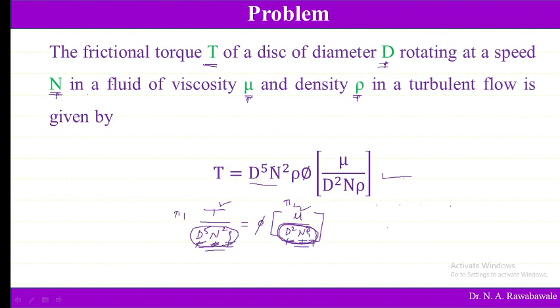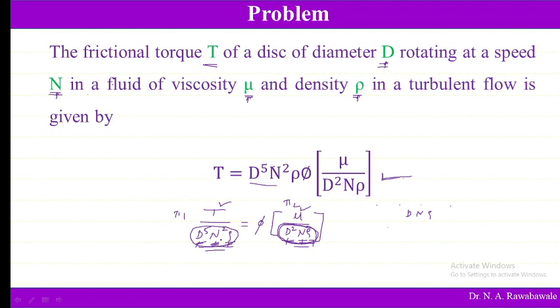If you take some other variable as a repeating variable, then it becomes difficult to get the result in this way. So here it is concluded that the repeating variables must be d, n, rho.